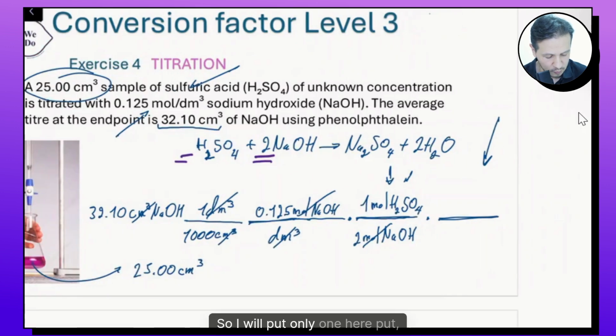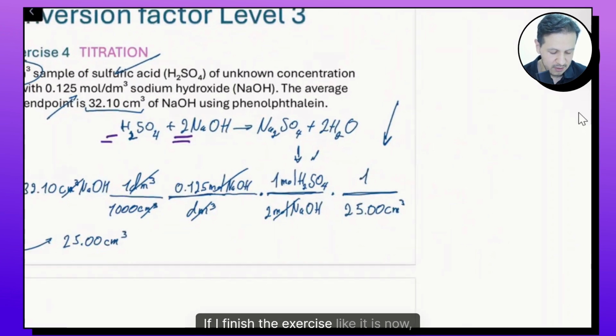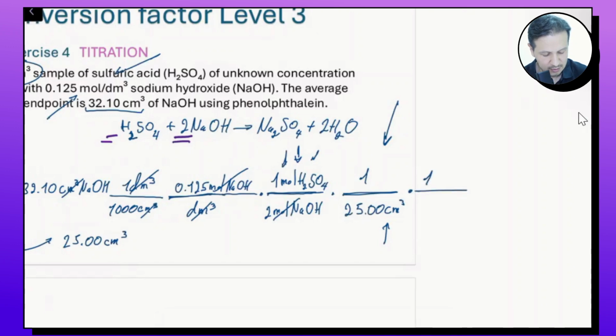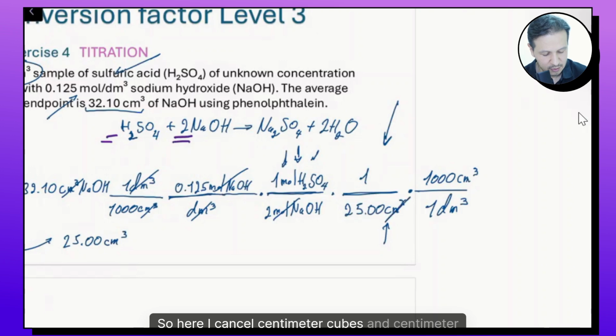So I will put only one here, 25 cm³. If I finish the exercise like it is now, the unit will be moles over cm³. But I want to express my unit in moles over dm³. So I will use another factor and I will put 1000 cm³ is 1 dm³. So here I cancel cm³ and cm³.